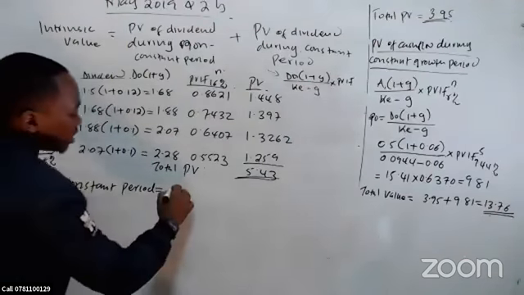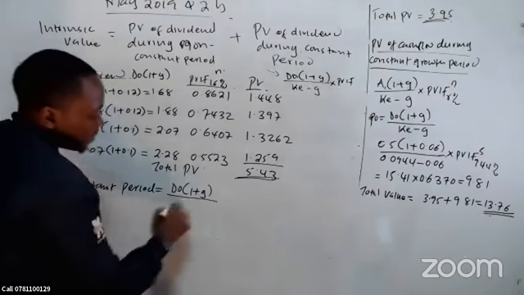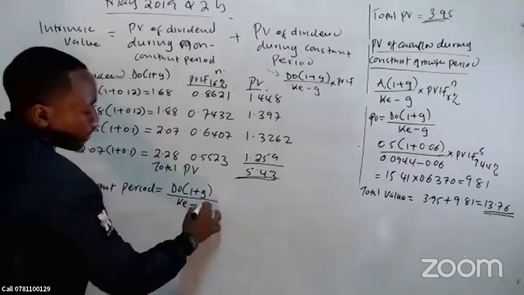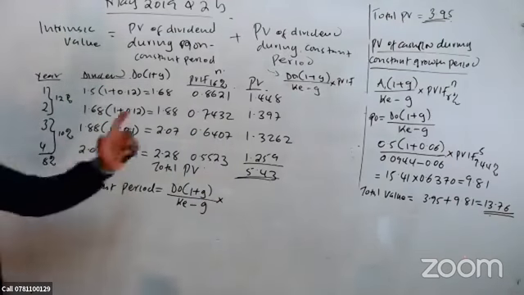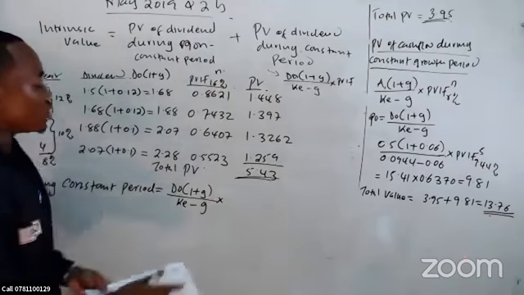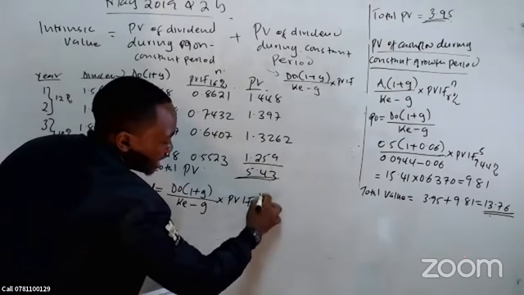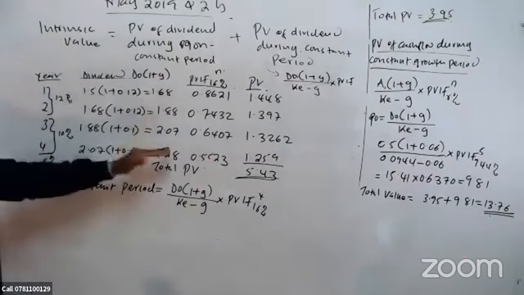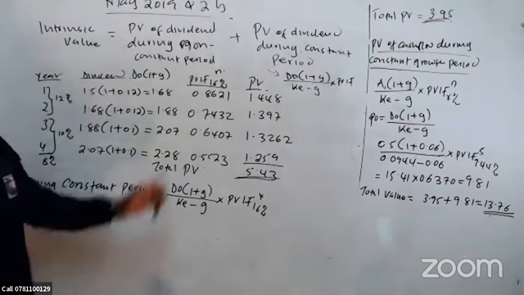So in this case, you take D0 times 1 plus the growth rate, you divide by the cost of capital minus the growth rate, and then you discount. When you are discounting, you discount using the last year, which was year 4, and the discounting rate for year 4. So it will be the present value interest factor at 16% in year 4. If it was for 5 years, you could have discounted using the 5th year. So you take D0.